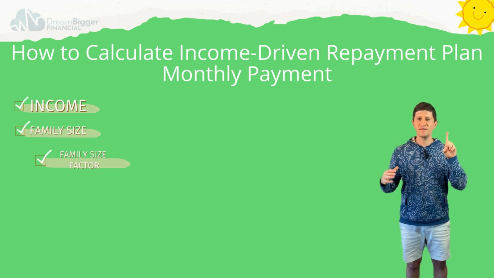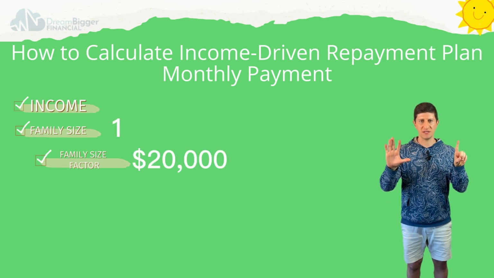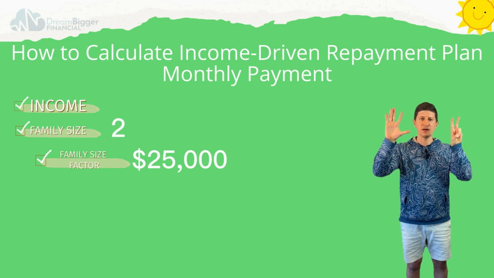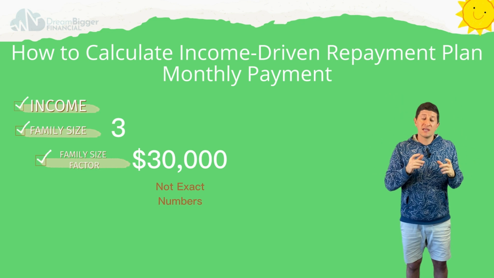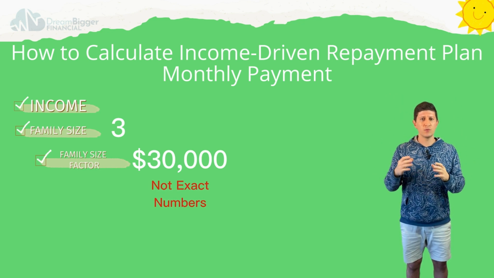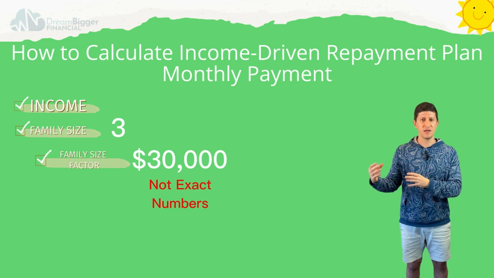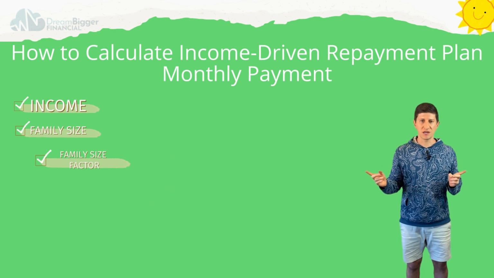So if we have a family size of 1, we would get a floor of $20,000. If our family size is 2, our floor would be $25,000. If our family size is 3, our floor would be $30,000. Now, these are not exact numbers because they change annually, but they will give us a good ballpark of how to do our calculation. So from there, all we have to do is plug and chug.